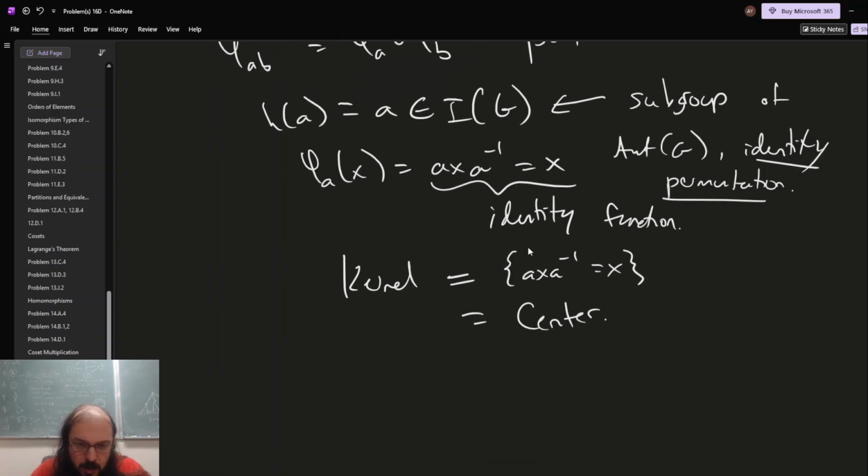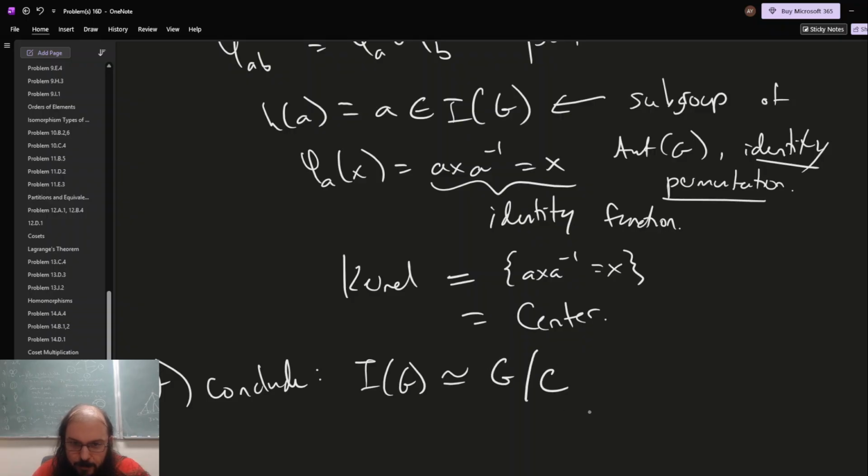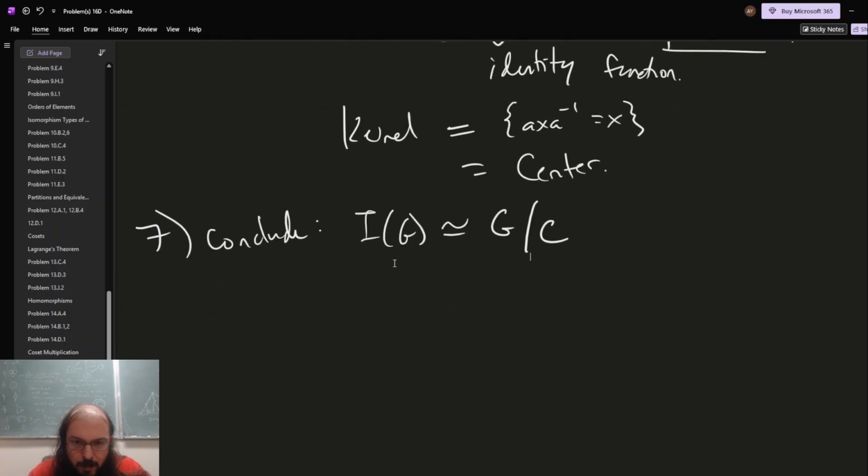And now the last part is to conclude that I of G, the inner automorphisms, are isomorphic with G mod C. Well, the fundamental homomorphism theorem says I have a function G to I of G, right?